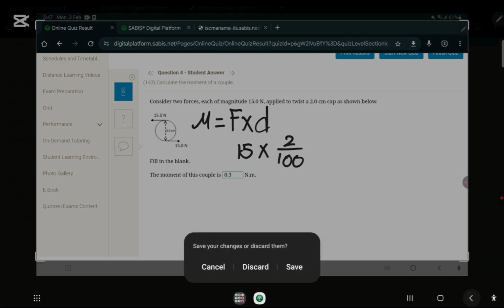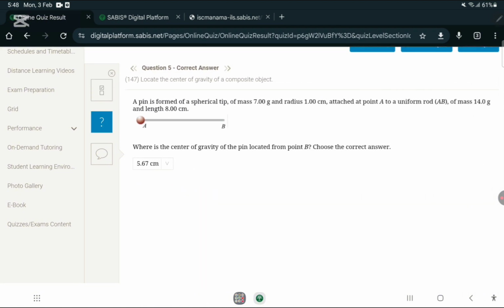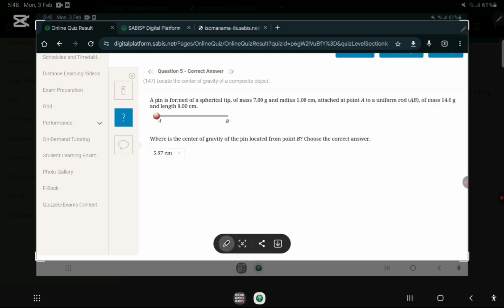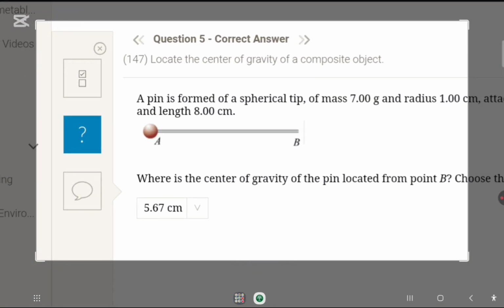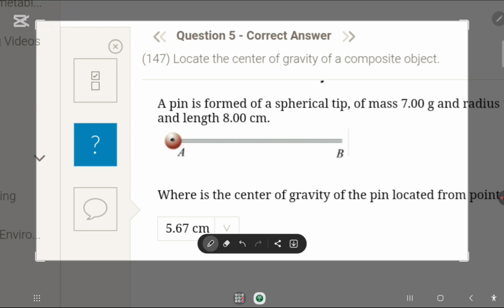Alright, let's go to the next question. A pin is formed of a spherical tip of mass 7 grams and radius 1 centimeter attached at point A to a uniform rod AB of mass 14 grams and length 8 centimeters. So from A to the tip there is 1 centimeter.